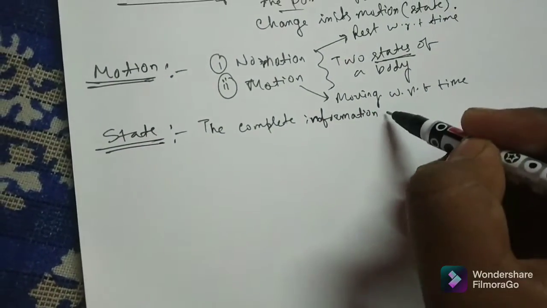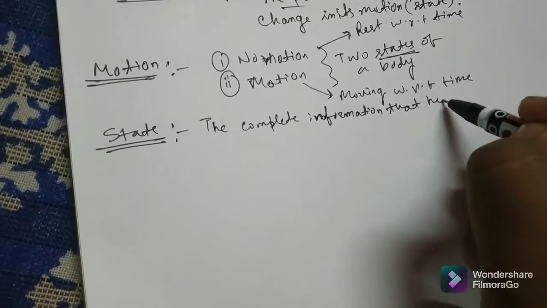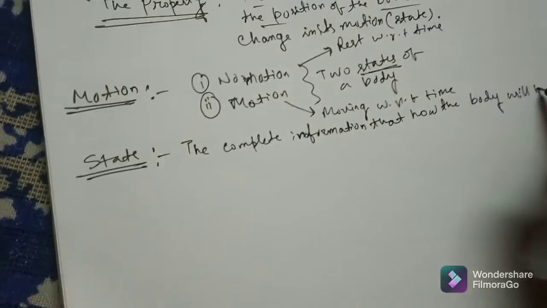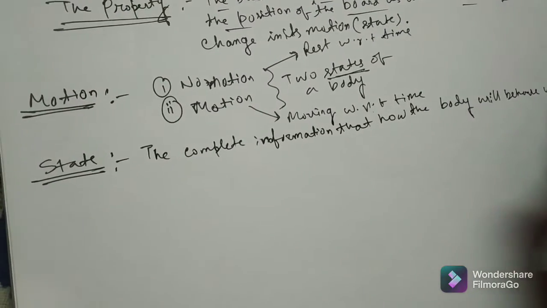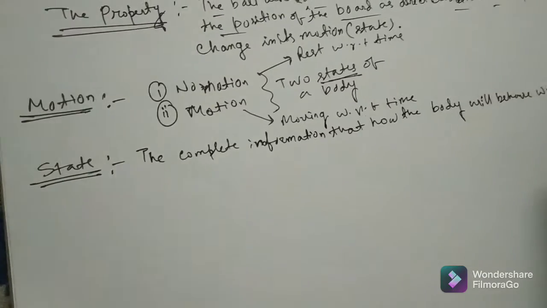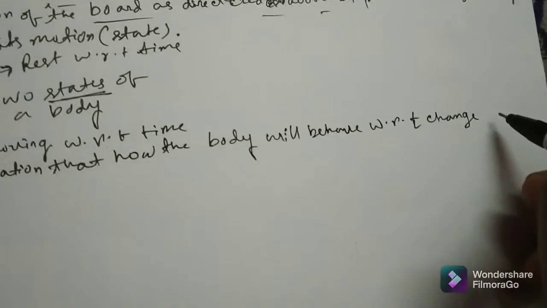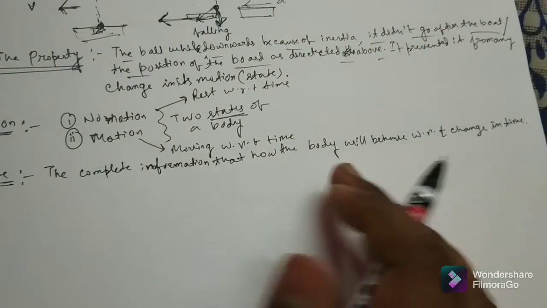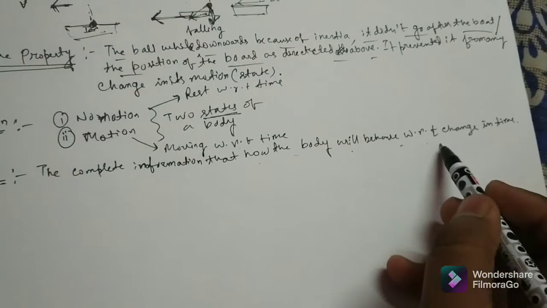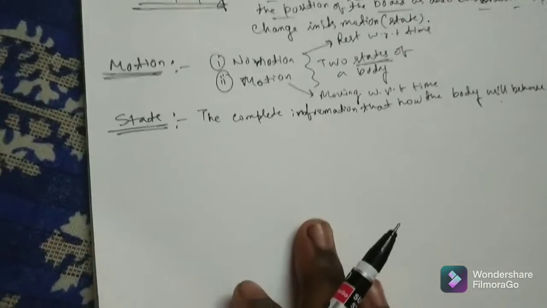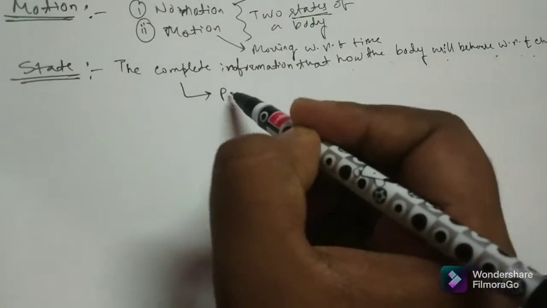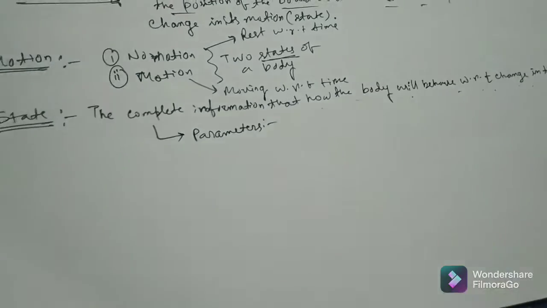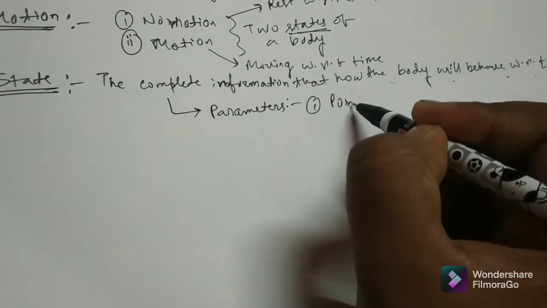The complete information that tells how the body will behave with respect to change in time. Complete information means the parameters, you can say, which will state how the body will behave with respect to time. That means it can be position.